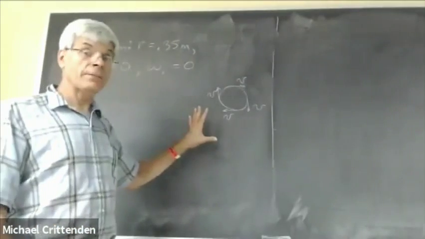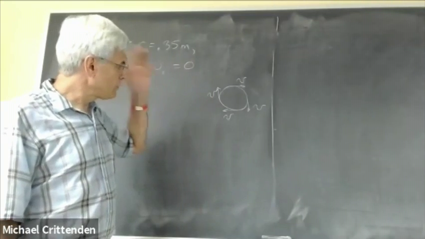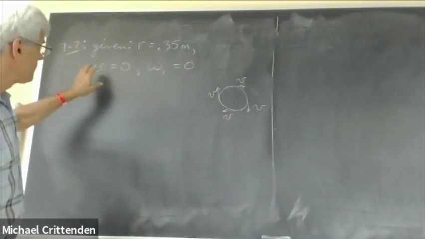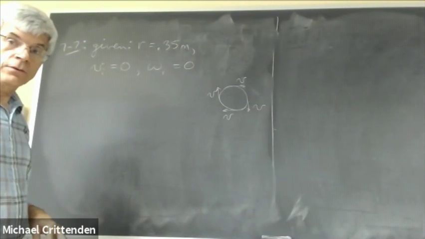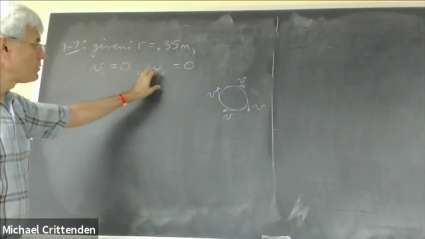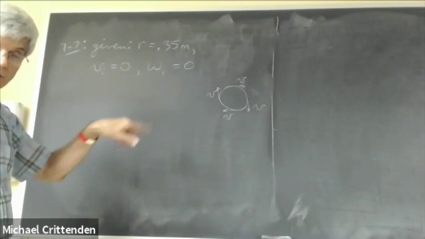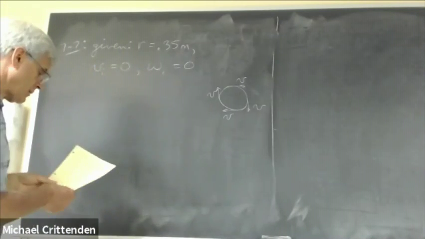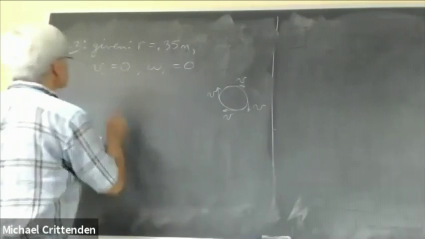If the wheel slips, then they can be two entirely different things. But if it rolls without slippage, V is how fast the center of the wheel moves, and omega is how fast the wheel spins around its center. So they both start out equal to 0.